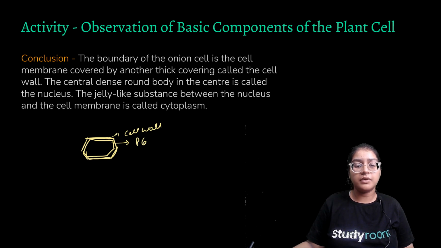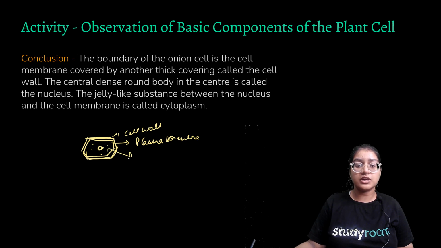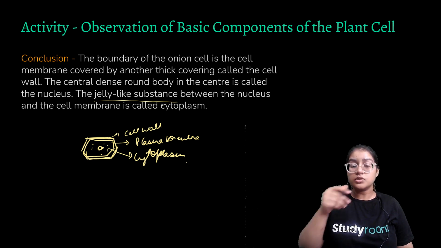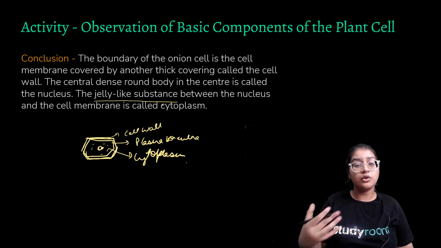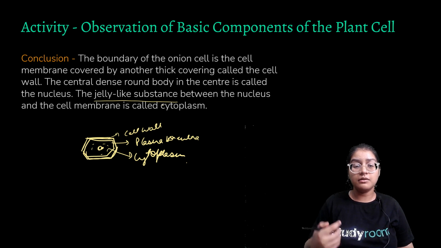Then we had the plasma membrane, because it's a plant cell, and a plant cell has a cell wall and a plasma membrane. We saw the nucleus also, and the moving structure here was the cytoplasm, the jelly-like substance. So this was the observation which we drew from the video. This is the simplest example of how a plant cell looks.